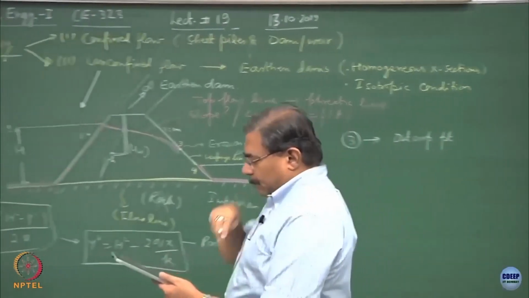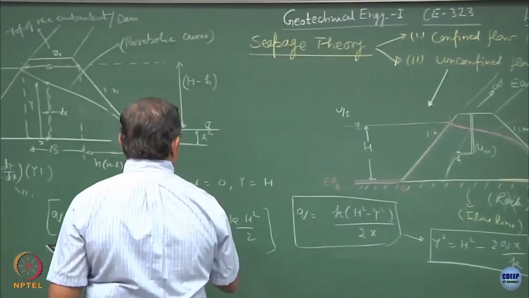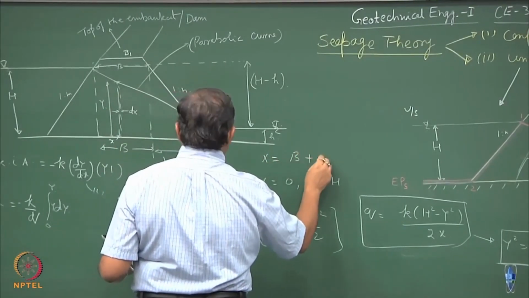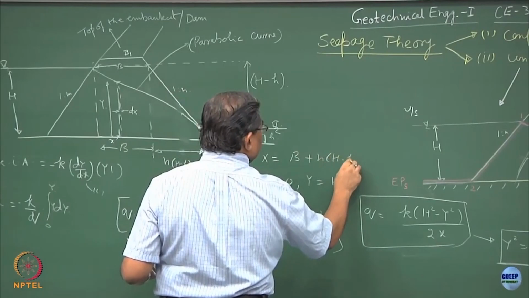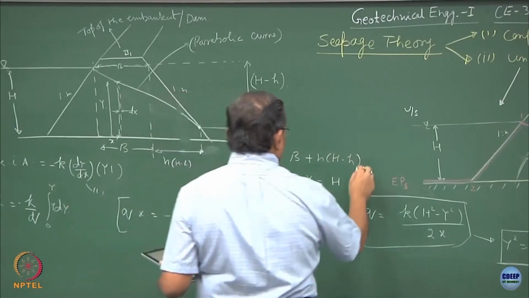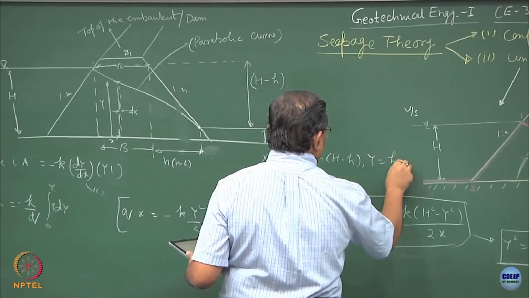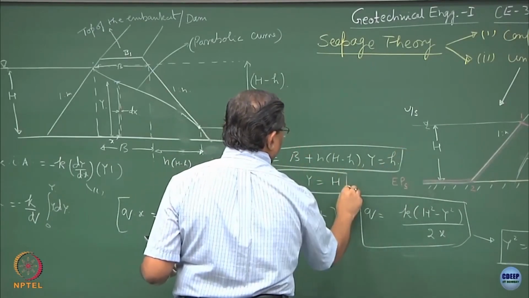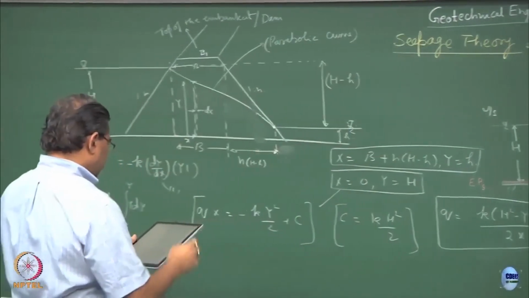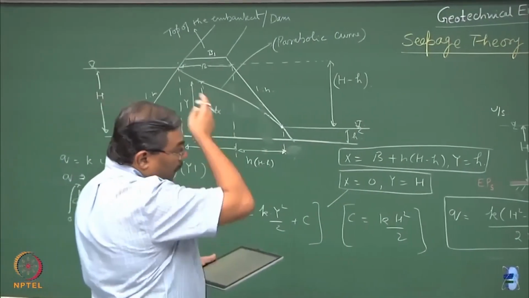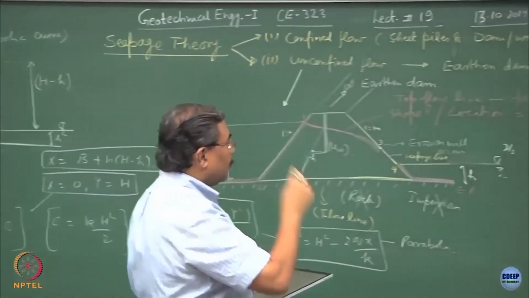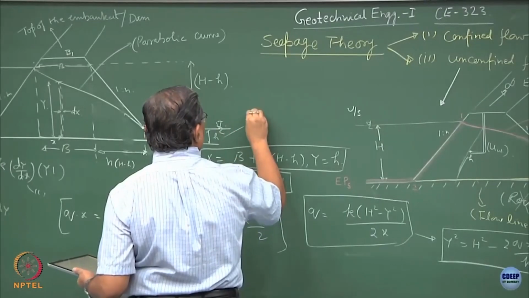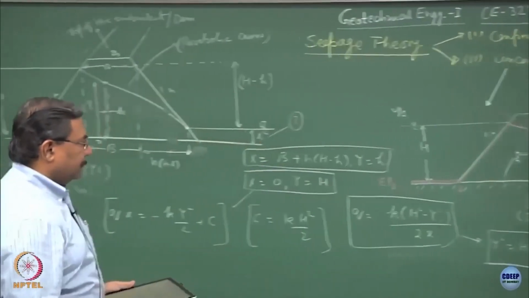The another equation will come when you substitute x equal to, let us say, b plus n times h minus h, and at this point y is equal to h. I hope you can understand the basic objective is to obtain the value of h. H is the principal unknown.